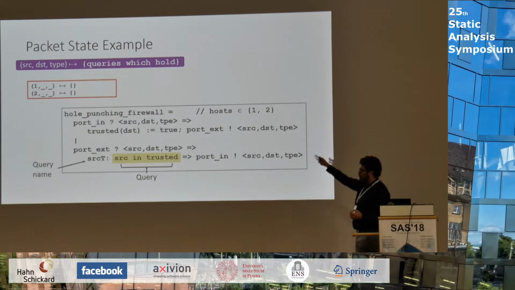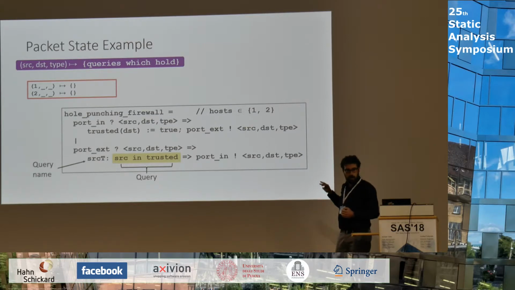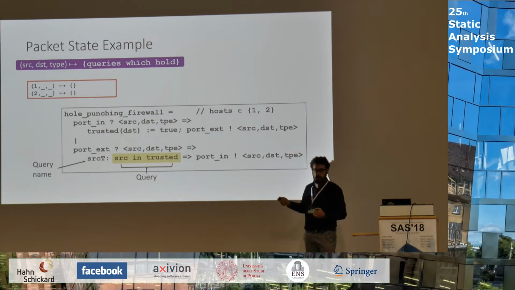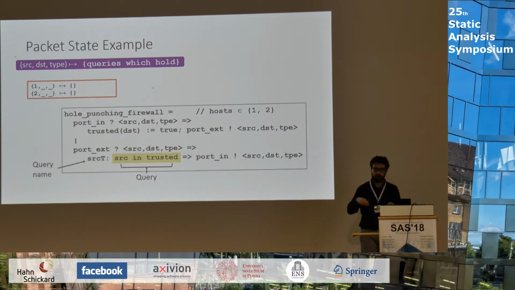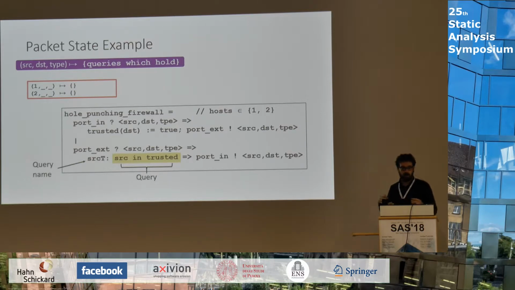As I said, this is, again, the same program, the same middle box implementation. The only way that a program can interact with the state is by having relation queries. So in this case, it can check whether the field source is in the trusted relation. Is source trusted? And in AMDL, this is the only way that you can query the state. You can't store previous packets that have arrived in local variables, and you can't iterate over the contents of a relation.